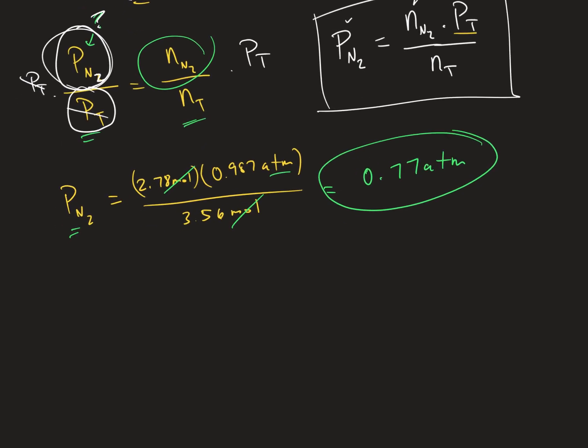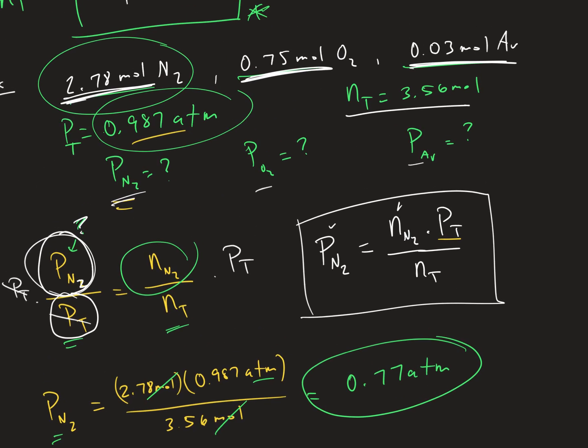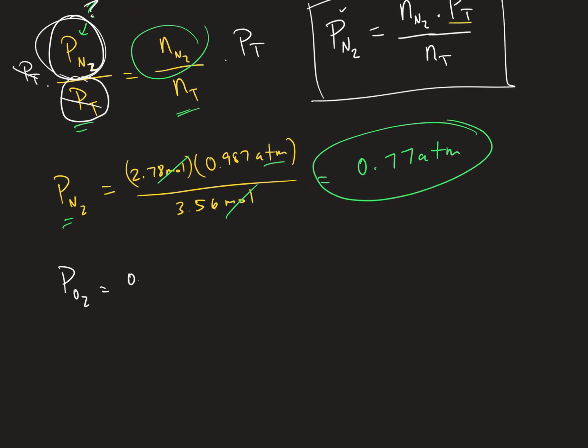But now to find the partial pressure of oxygen is going to be the number of moles of oxygen, 0.75. And these values are exactly the same. 0.987 atm divided by 3.56 moles.